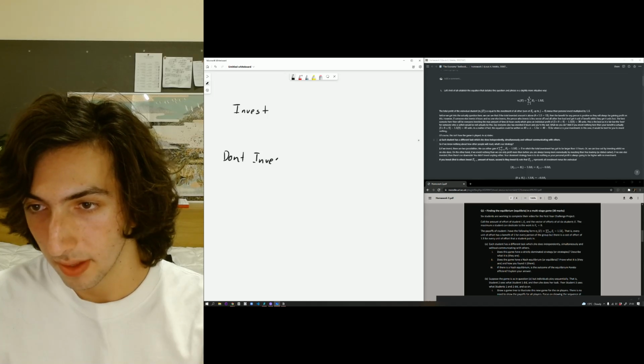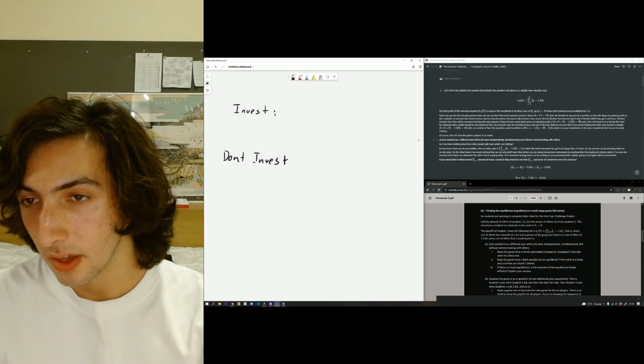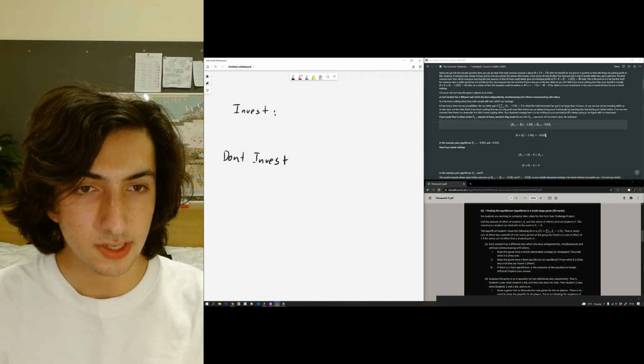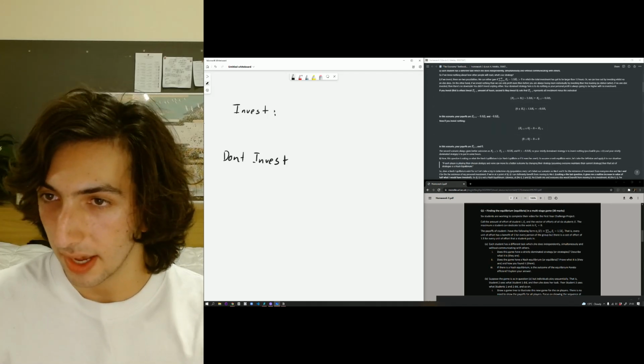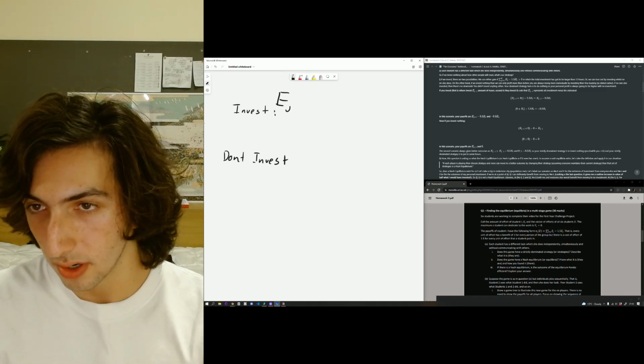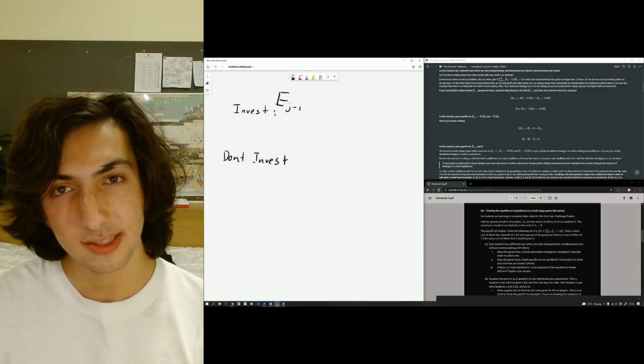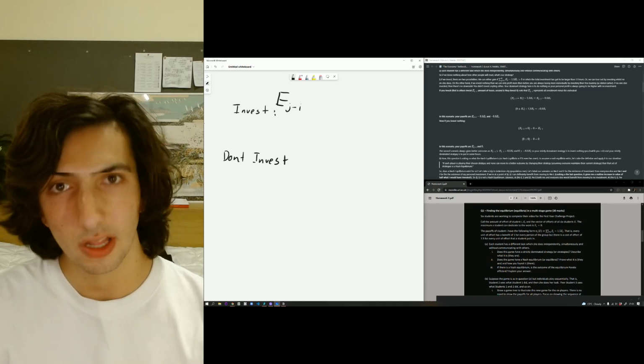If we invest, as you can see here, is the top option. Let us also set E_{-i} as the sum of others, so this is all other people's investment.